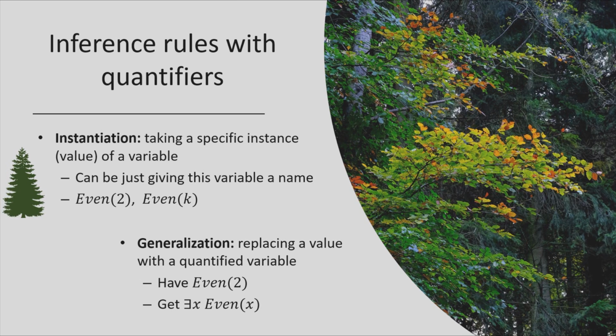If you know that 2 is even, you could conclude that there is an even number. So you had a formula without a quantifier, even of 2, and you got a formula with a quantifier: there exists x, even of x. This is generalization. So think about instantiation as going into a forest and picking a specific tree, and generalization as moving away from the specific trees and applying what you learn about that tree to the whole forest.